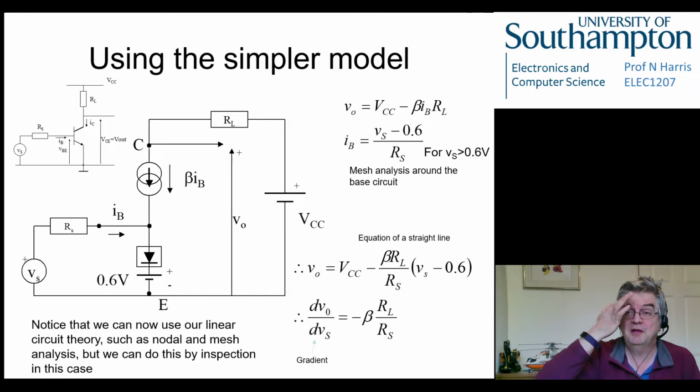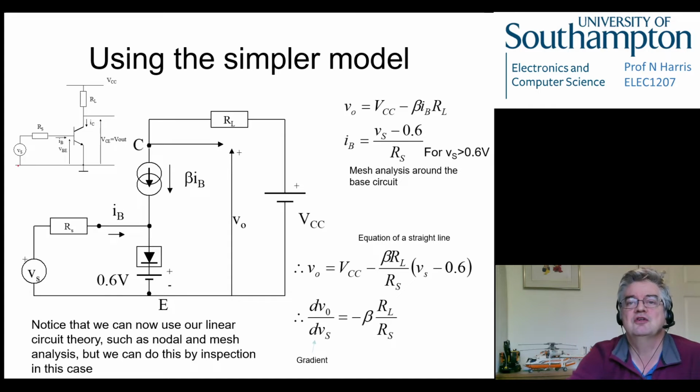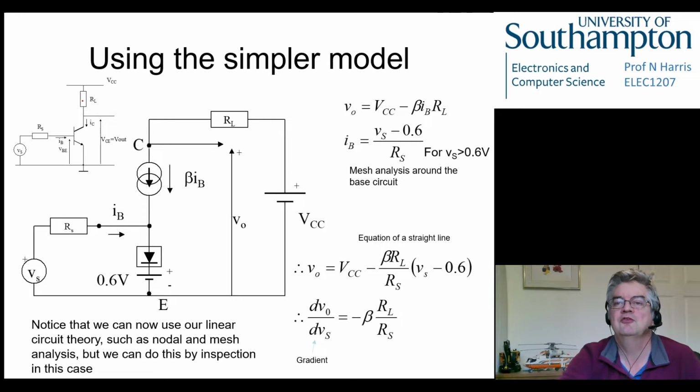So as an example of how to use the simpler model, we can take a transistor circuit. Here's a typical transistor circuit. We've got a transistor, and we've got a resistance in here, and we've got a load resistance over here. This is where dissipation occurs. To analyze this, we would replace the transistor with our transistor model, and in this case the simpler linearized model.